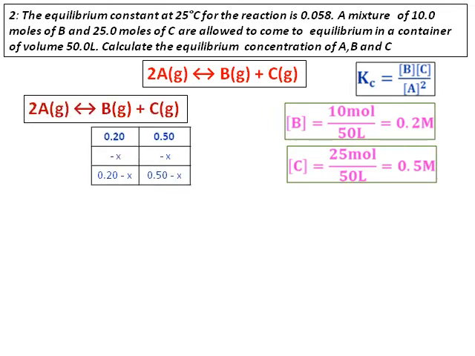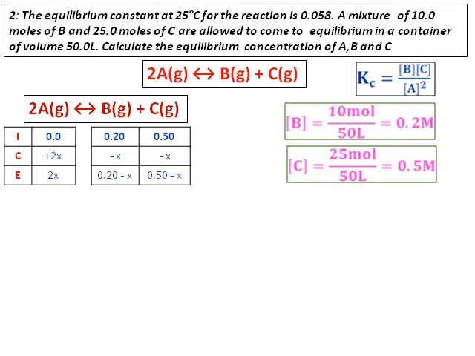We started with 0.2 B and 0.5 as the concentration of C, and the concentration of A was 0, and the concentration of B changes by negative X and C changes by negative X, but A changes by 2X.